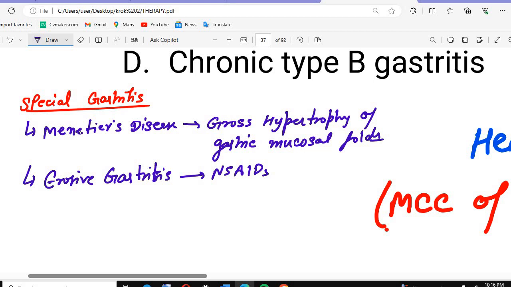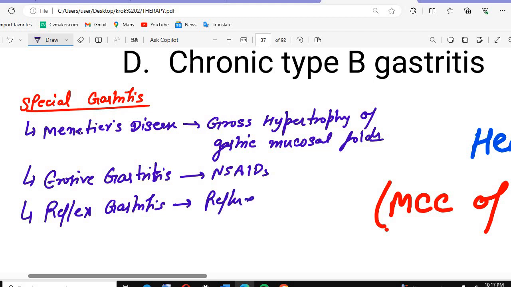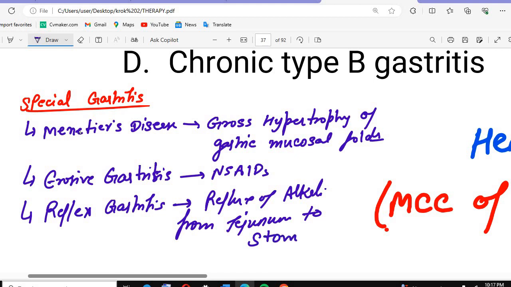Just as in GERD we have reflux from the stomach into the esophagus, the same thing applies in reflux gastritis.